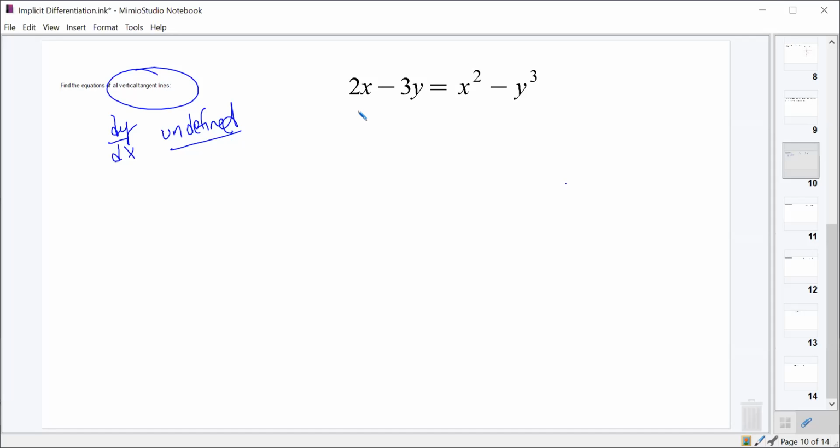So 2x should just give us 2, right? And then minus 3y ought to give us minus 3 dy dx. And then the x squared ought to give us 2x, and the minus y cubed ought to give us minus what?